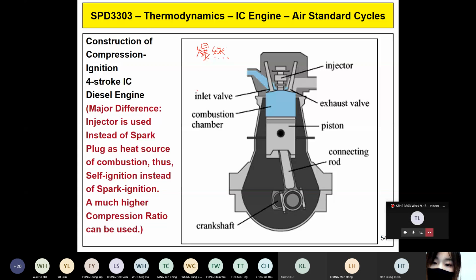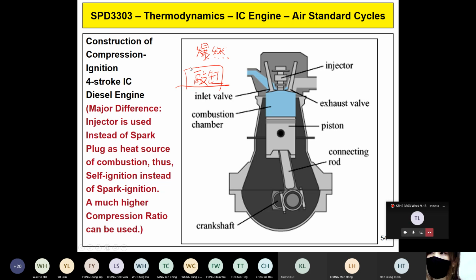The reason we call it knock is that combustion happens before your spark even goes off.